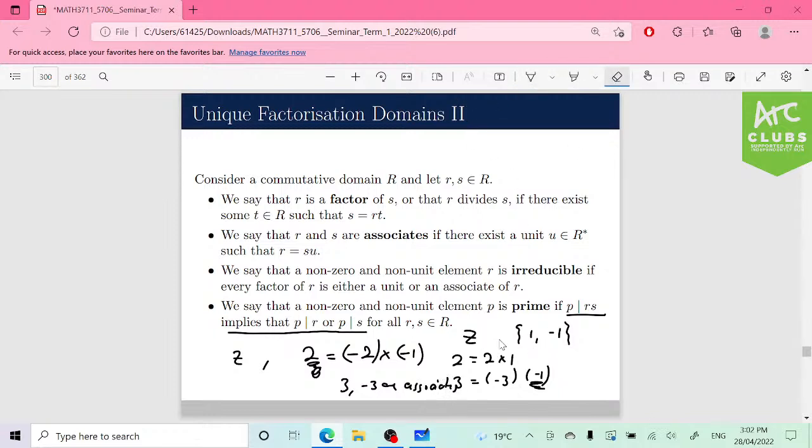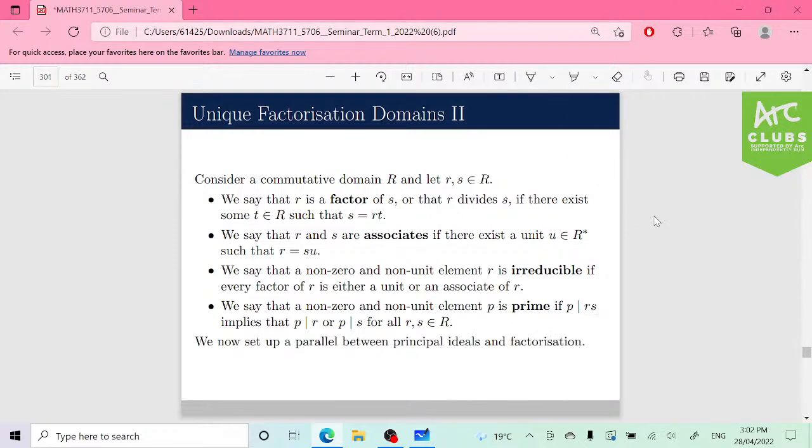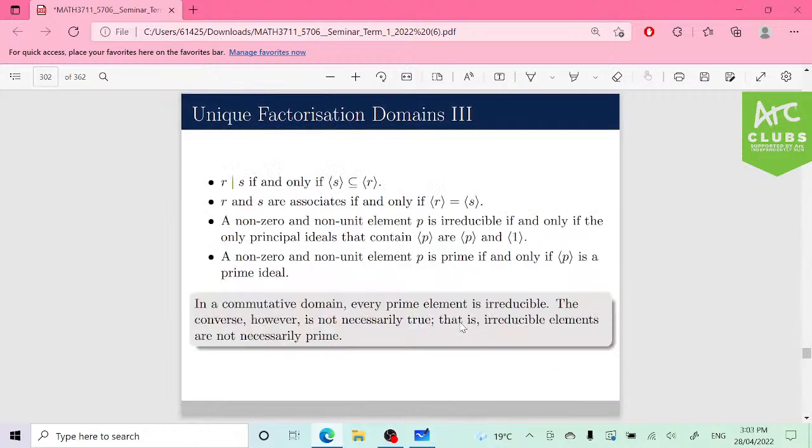Okay, let me just rewrite this. And yeah, what we can do is set some parallels between principal ideals and the factorization definitions that we have here. We say that R divides S if and only if the ideal generated by S is a subset of the ideal generated by R. We say that R and S are associates if and only if their ideals are precisely equal.